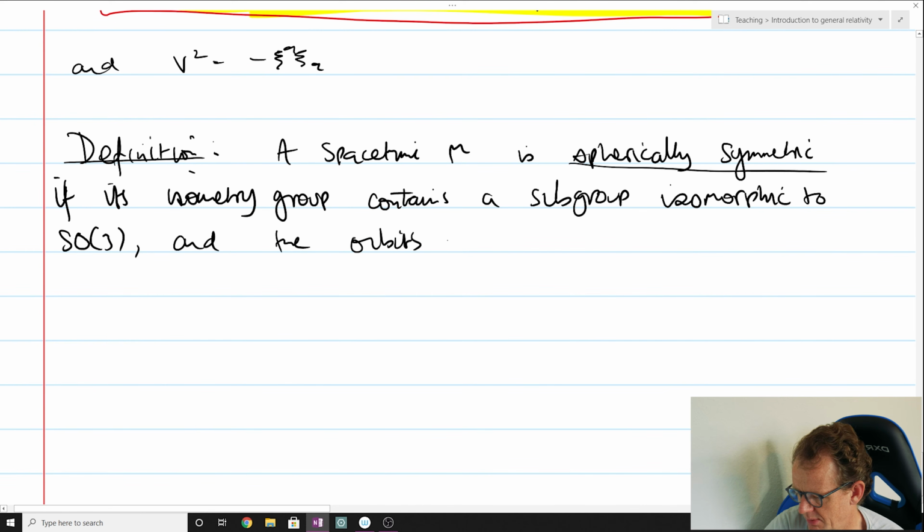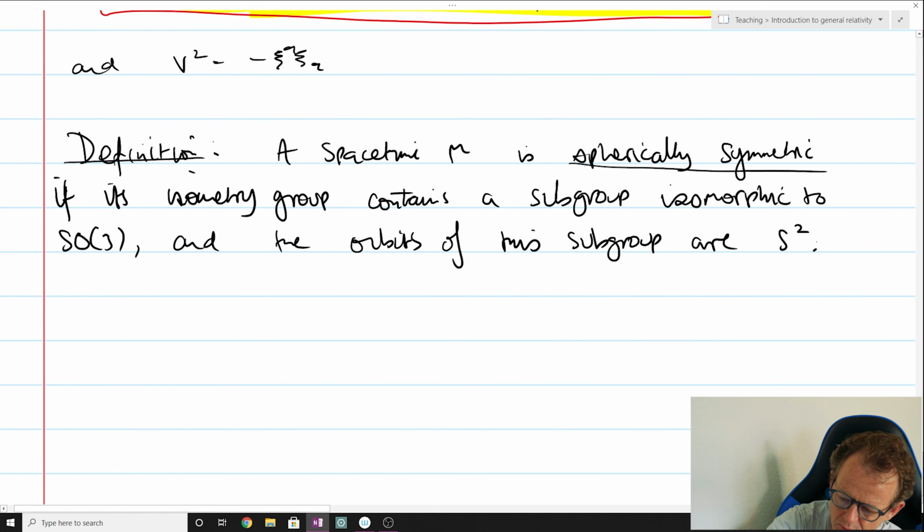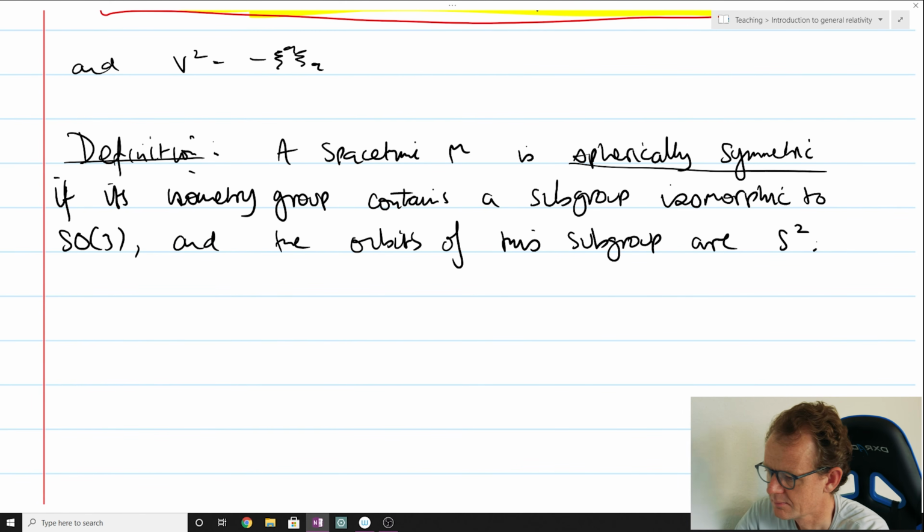So we say that the orbits of the subgroup, these got to form submanifolds, and those submanifolds had better be diffeomorphic to S2. The surface of the sphere.